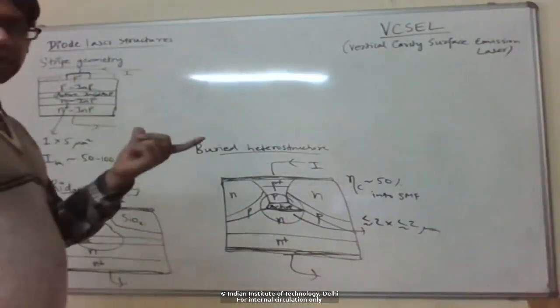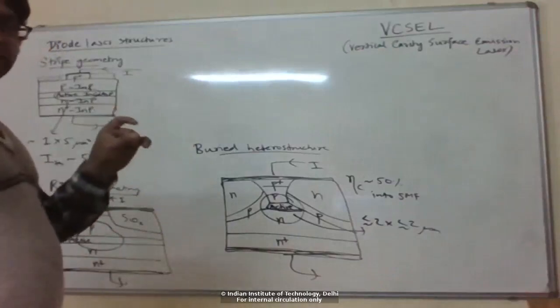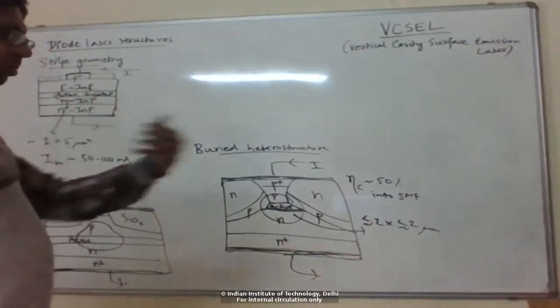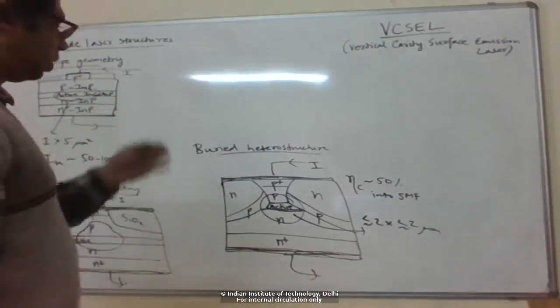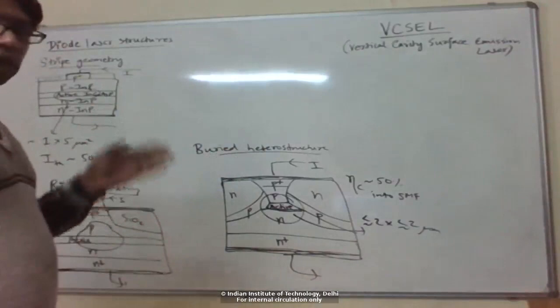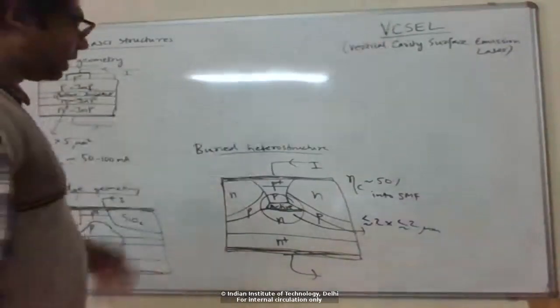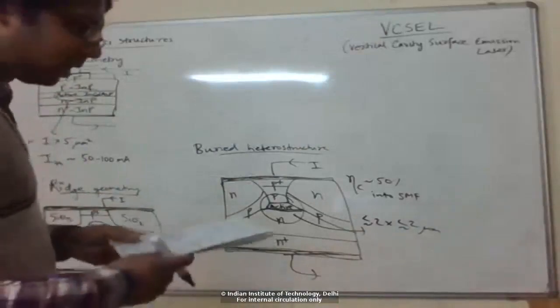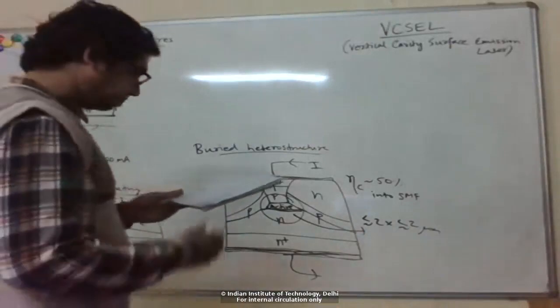Because as we saw, the FSR scales inversely with the cavity length. So if you make the cavity length very small, such that the mode spacing becomes greater than your gain bandwidth, right? So basically, only one longitudinal mode lies inside your gain bandwidth, and the next one is outside. So by definition, then you have only one mode to lase, right? And that way you ensure that.